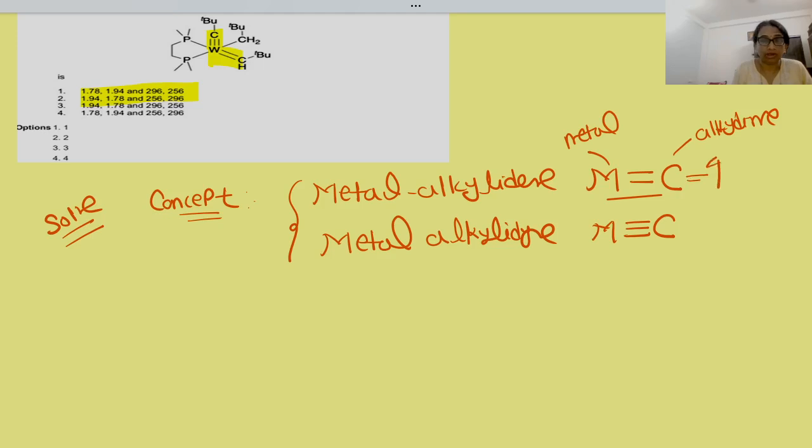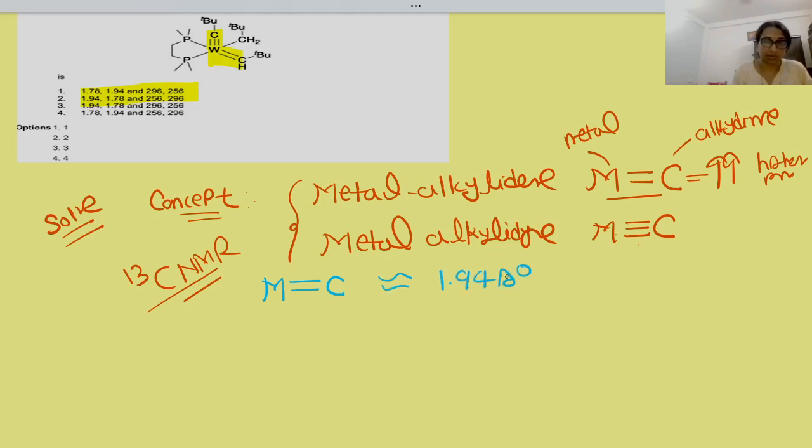This bond length is longer and the shift in the NMR spectroscopy, because we are talking about C13 NMR spectroscopy, is downfield, that is at a higher ppm, compared to the metal alkylidyne.